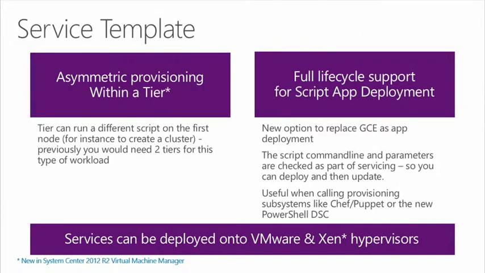So what this means is that a tier will allow us to run one script for the first node of the tier. Like if I'm creating a cluster, it's going to do all the work to create that cluster. But then the second and third and fourth and fifth nodes in that tier, it's not going to go through all the cluster creation, but instead do a cluster join.